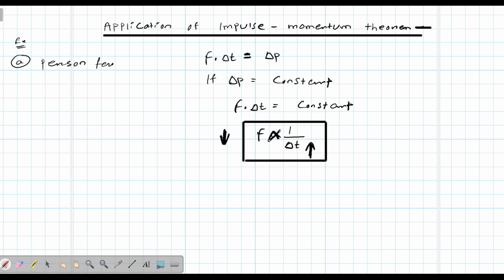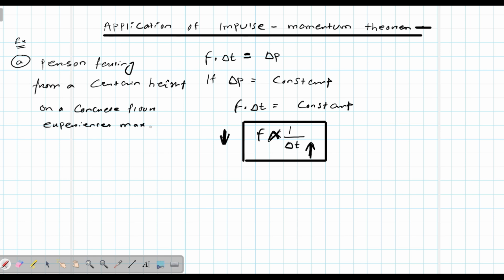Person falling from a certain height on concrete floor experiences maximum pain than on heap of sand.